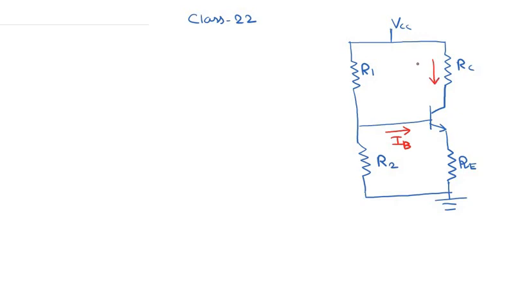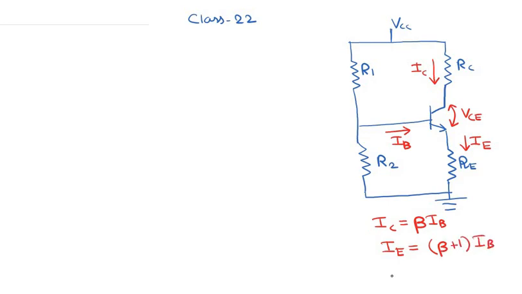So to find out the DC value of the emitter current, the DC value of the collector current, and also the DC value of the collector to emitter voltage, we basically need this current IB. Because IC is related to IB through the equation IC equal to beta times IB, and IE, the emitter current, is also related to the base current through the equation beta plus 1 times IB.